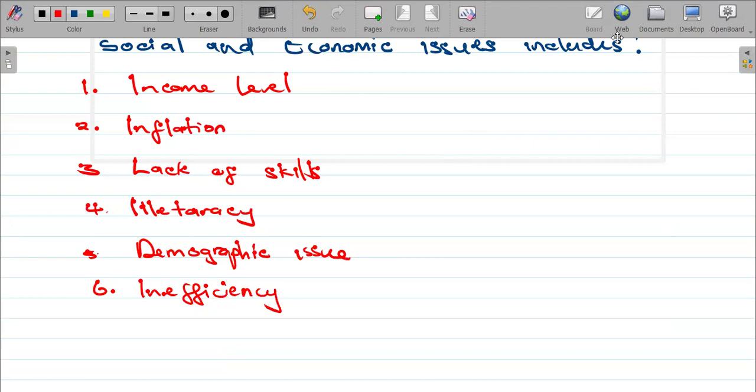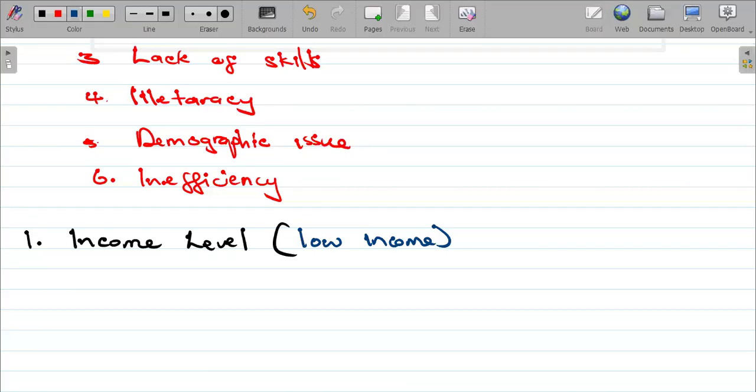How does it affect the business operations? How does it impose challenges on the business as well as contribute to decision making in the business?